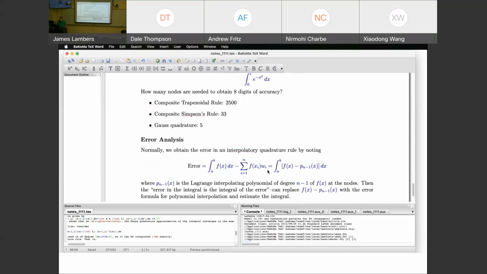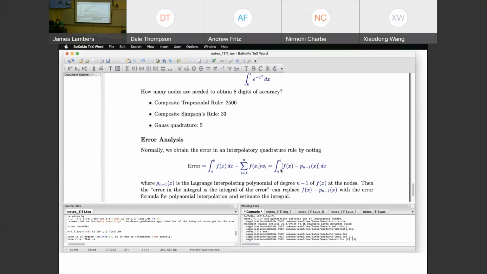So as for the error in Gauss Quadrature, because we've seen error formulas for other quadrature rules, like Newton-Cotes rules or composite rules, it's a rather interesting case for Gauss rules, because normally, this is an interpolatory quadrature rule. So normally you would use this for the error. You're approximating f by an interpolating polynomial, interpolating at the nodes.